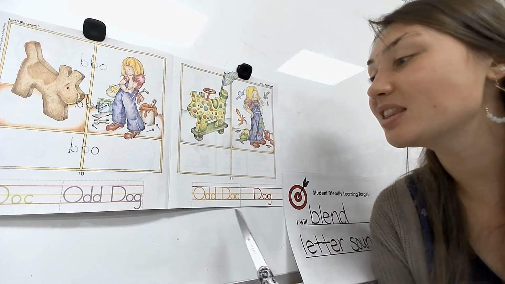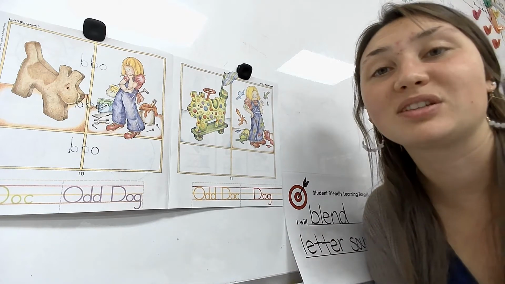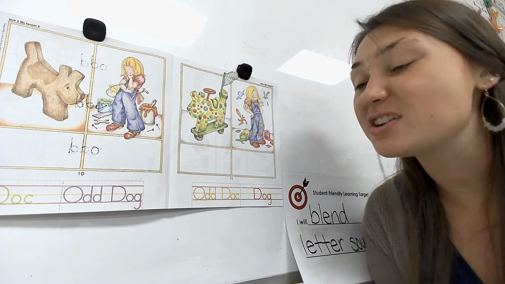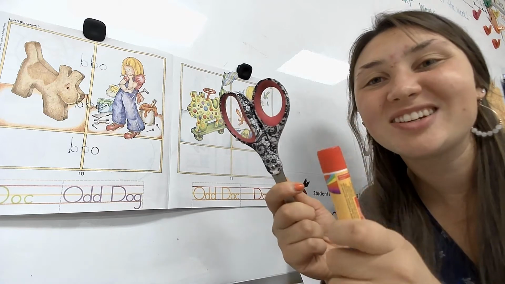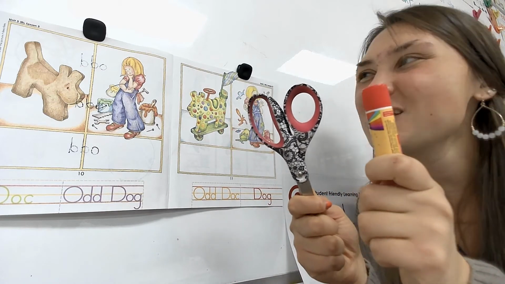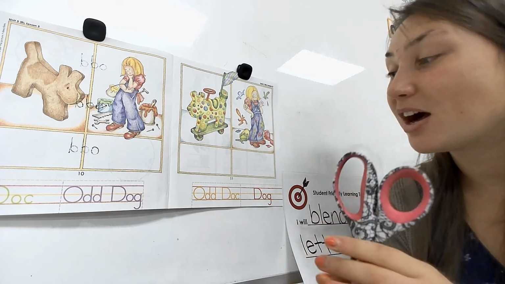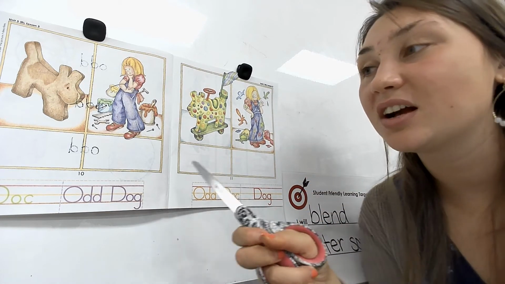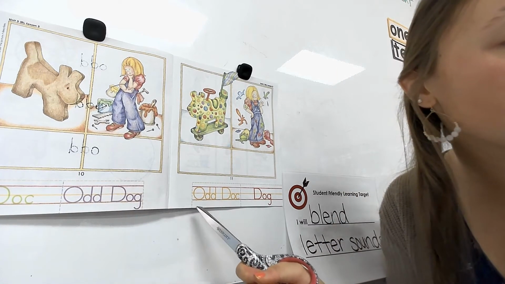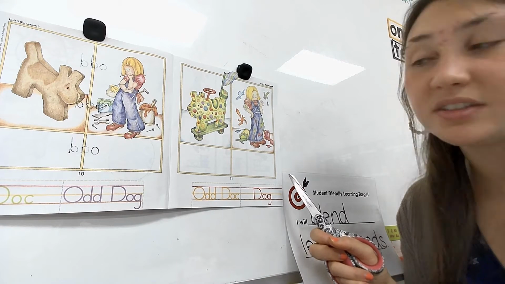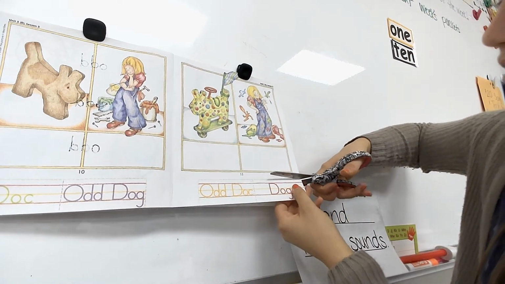Now we need to cut them out so that we can glue them onto the page. So if you do not have scissors with you, pause the video, go get scissors and glue. Scissors and glue for this page. And to cut them out, I want you to first cut on the green lines. Cut the green lines first, and then I'll tell you what to do next.